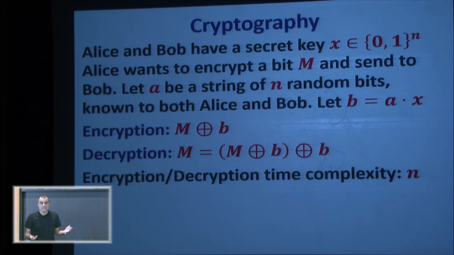So I want to suggest another way that will be secure if the attacker has a bounded size memory. And this is the way. Suppose that Alice wants to encrypt a bit m. Let's assume that A is a string of n random bits that is known to both Alice and Bob.